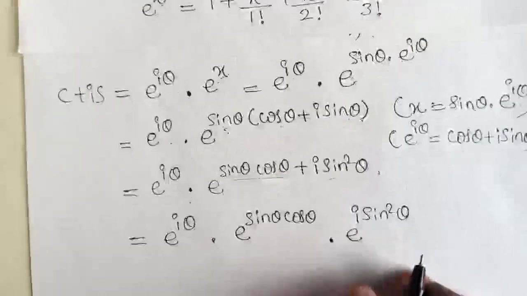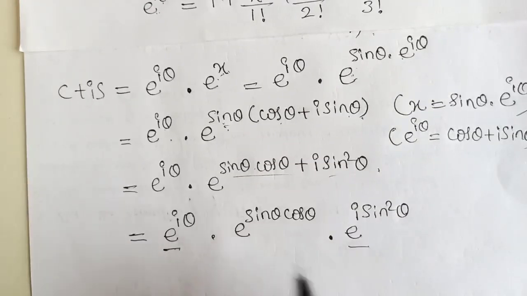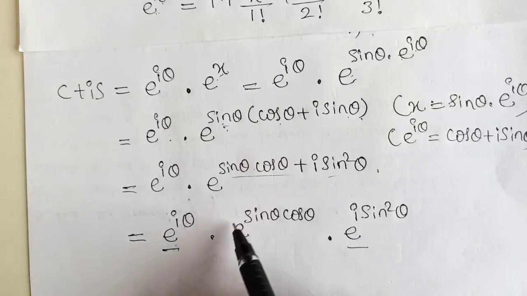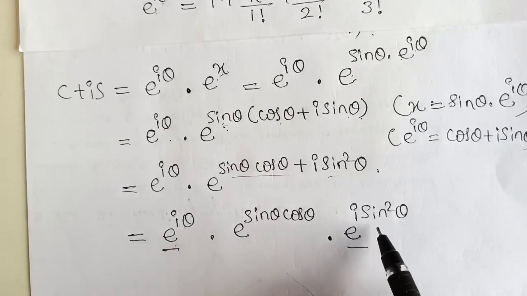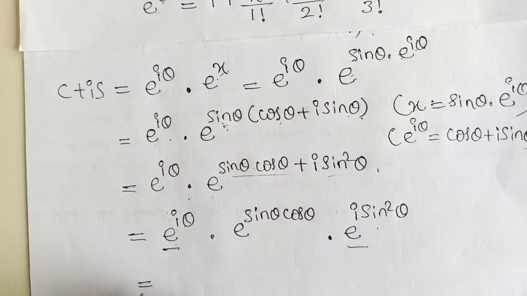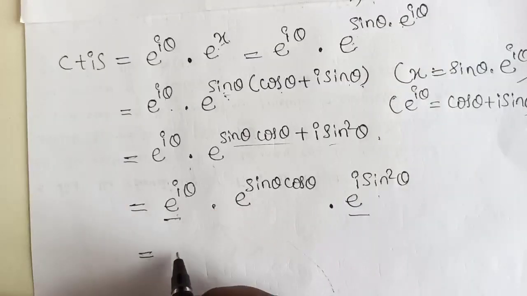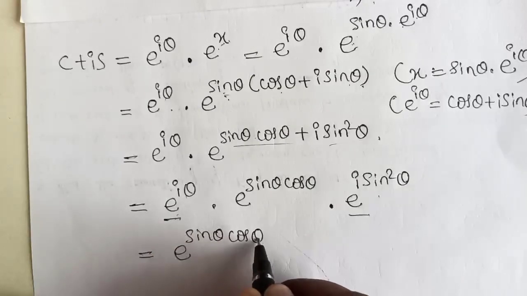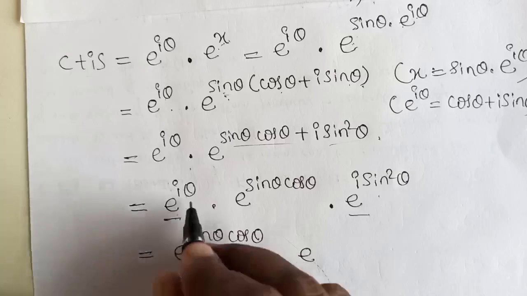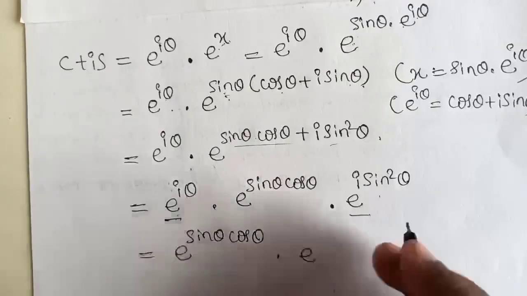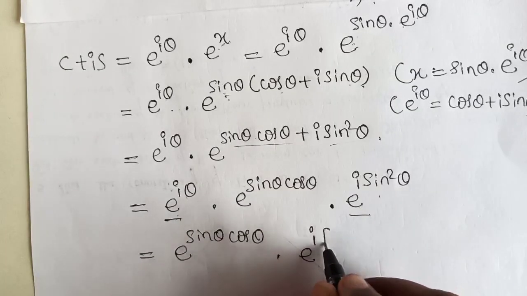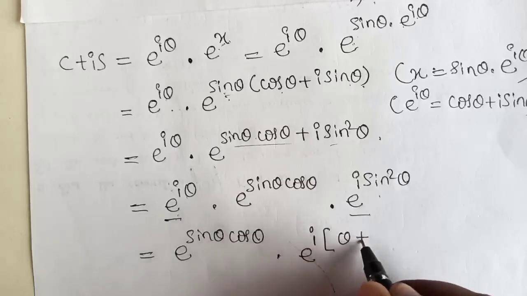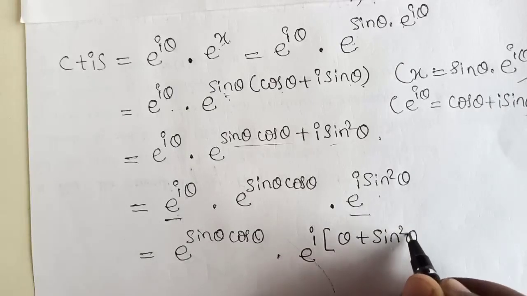In these two cases the bases are same, so powers can be added, because this is purely the real part and these two are imaginary parts. To separate the real and imaginary parts, I will keep e raised to sin theta cos theta as it is, and in these two terms I will take I as common in the power, then we get theta plus sin square theta.